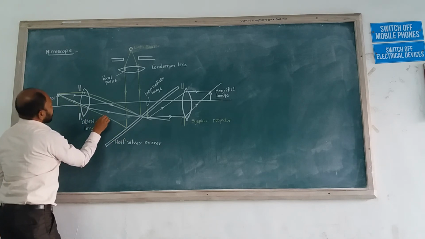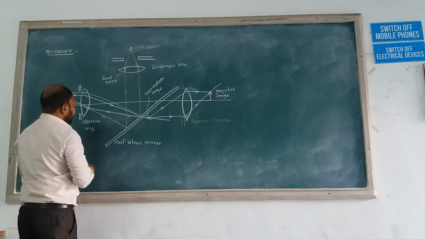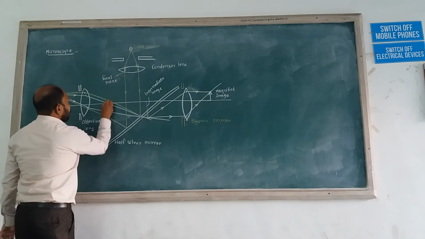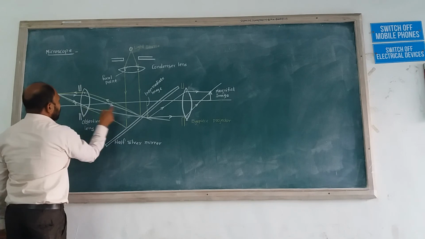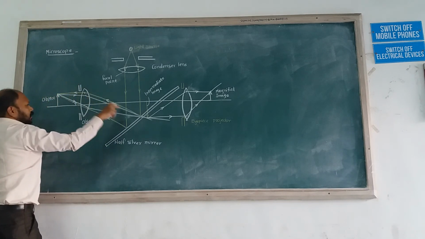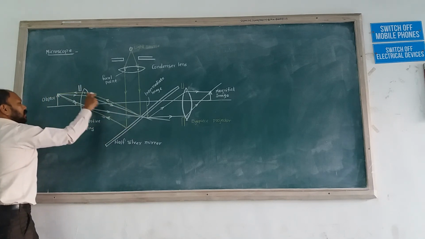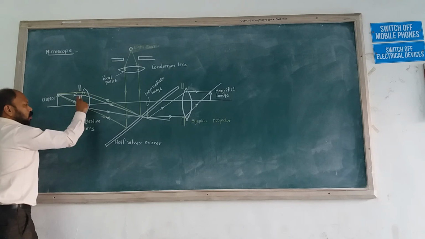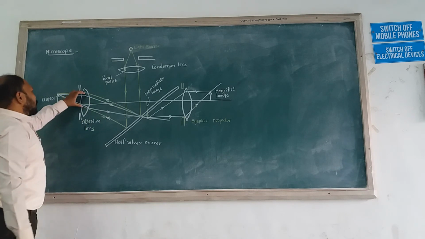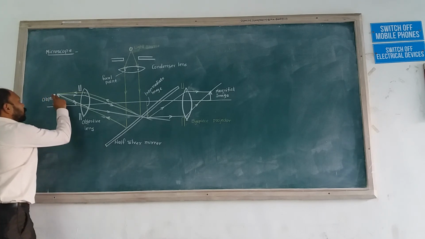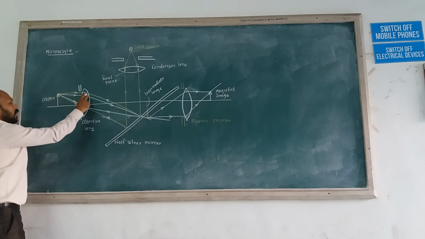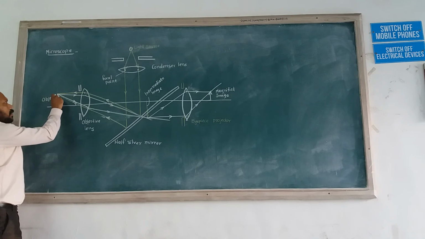These are parallel lines, and after entering through this objective lens, the rays get converged.